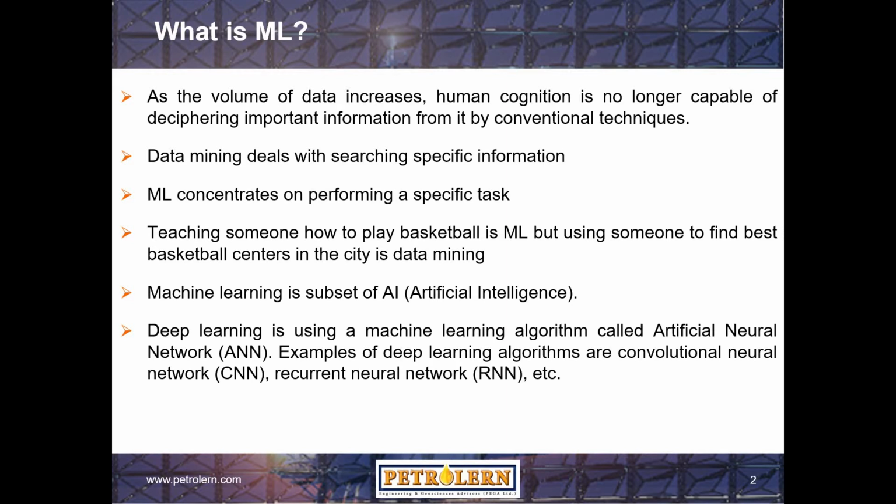We always hear about deep learning, and deep learning is basically an algorithm called artificial neural network with multiple layers. Examples of deep learning could be convolutional neural network, recurrent neural network, which is called RNN, and so on and so forth. Those basically mean using an artificial neural network with multiple hidden layers.